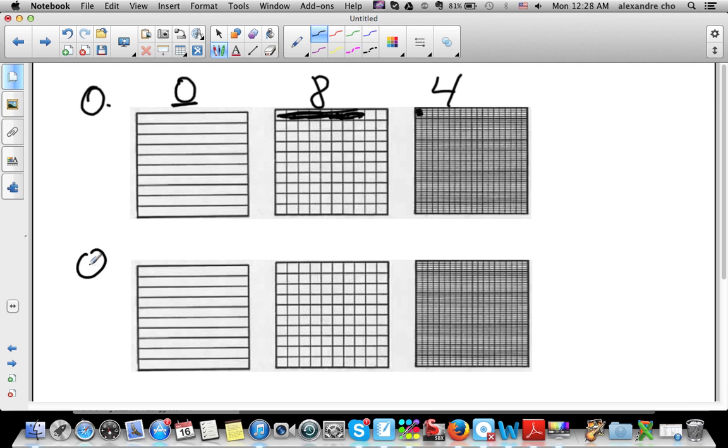Let's do one more. 0.792. So out of the dimes, again, imagine for a second that it stops right here at 79 cents. You represent 79 cents: 10, 20, 30, 40, 50, 60, 70 cents, and then 1, 2, 3, 4, 5, 6, 7, 8, 79 cents.